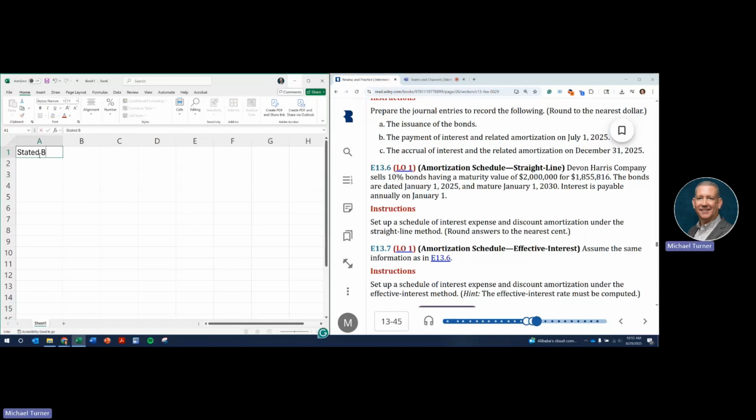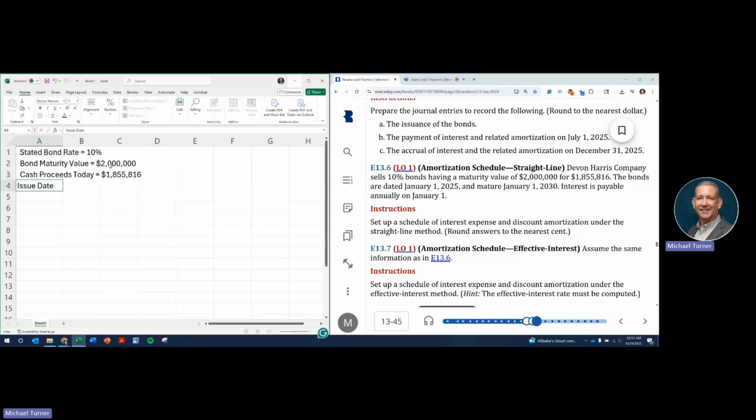Okay, so the stated bond rate is 10%, given to us in the problem. The bond maturity value is $2 million. And we get cash proceeds today of $1,855,816.